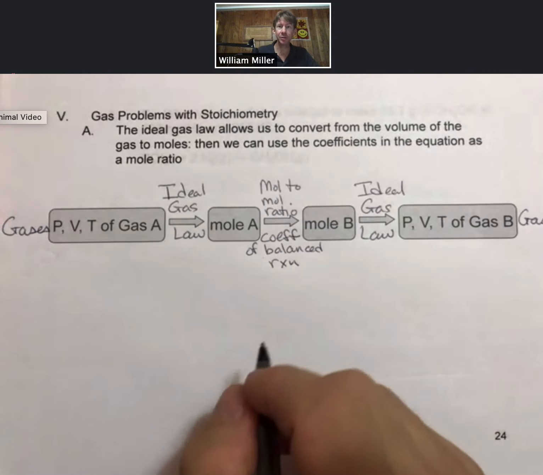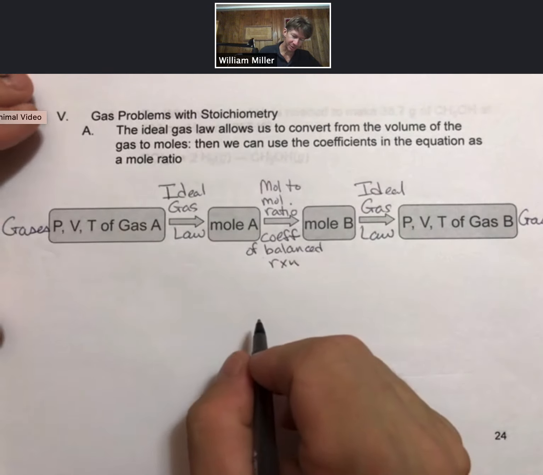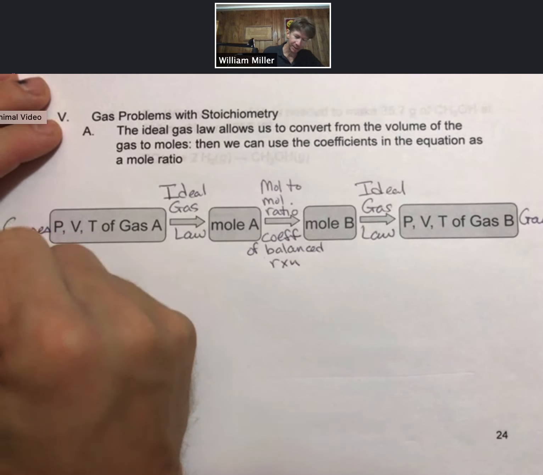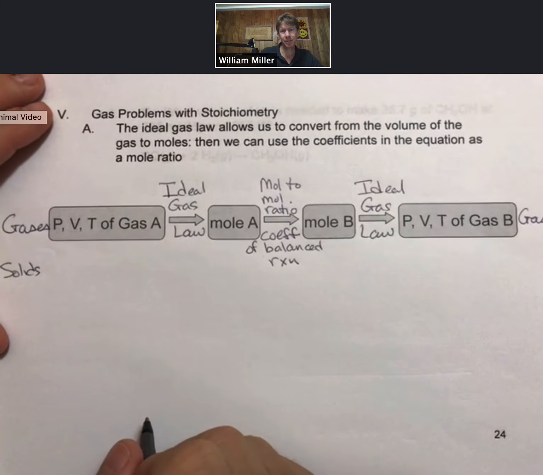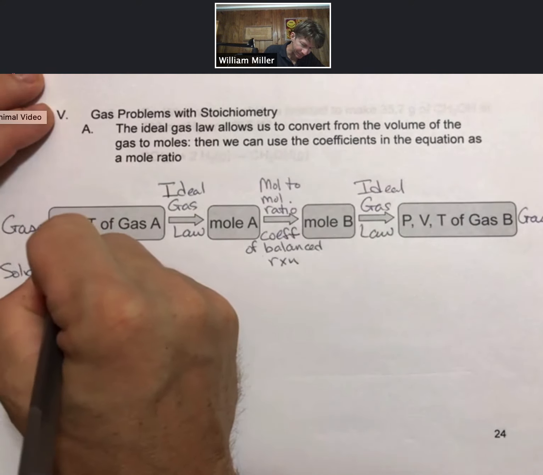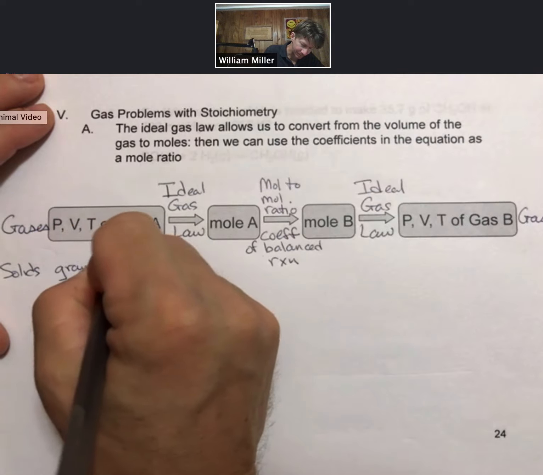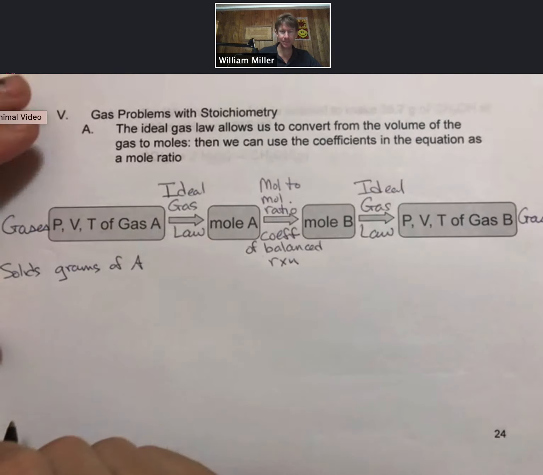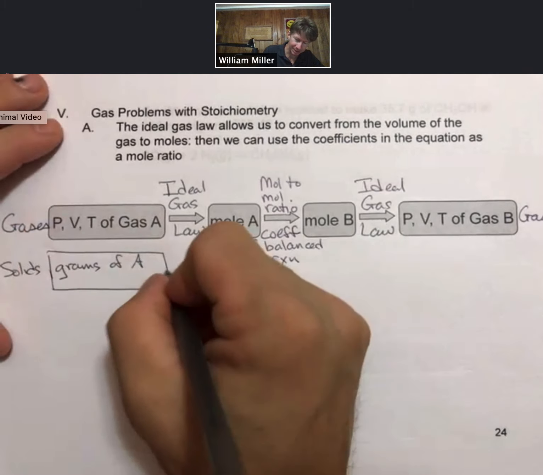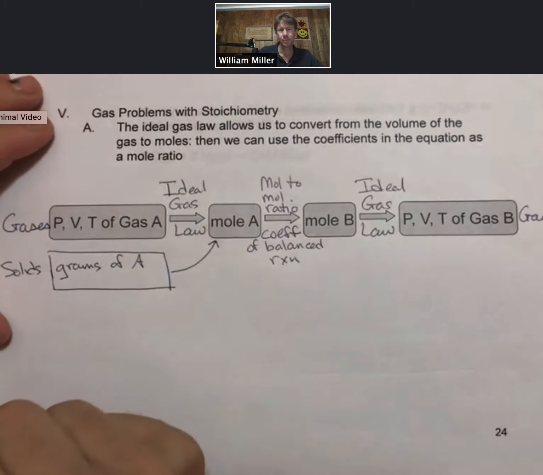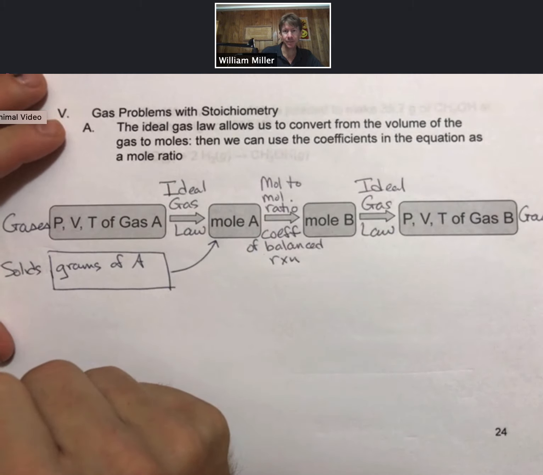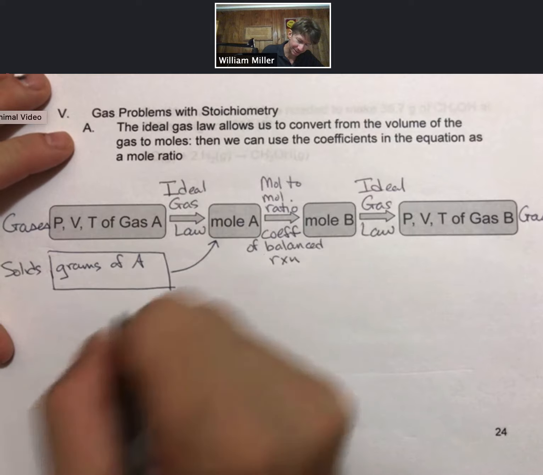Now, for previous problems that we've solved, we've started with a solid or solids. And when you do that, you are typically given grams of some substance. And to get to moles, you use a conversion factor, and that conversion factor we call the molar mass.